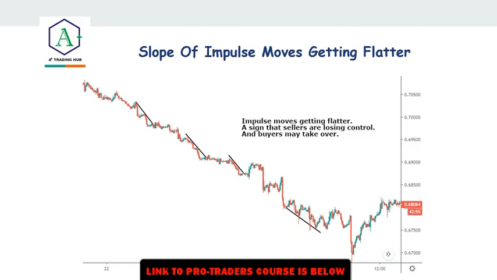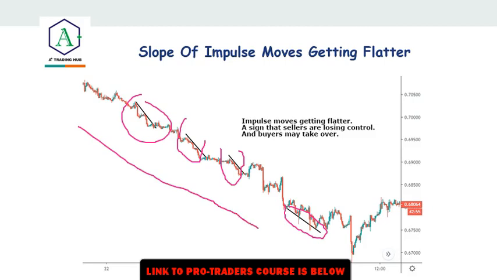You can see on this chart where I put up these black lines. See those black lines? Impulse moves getting flatter is a sign that sellers are losing control in the market and buyers may take over. So here was a downtrend.